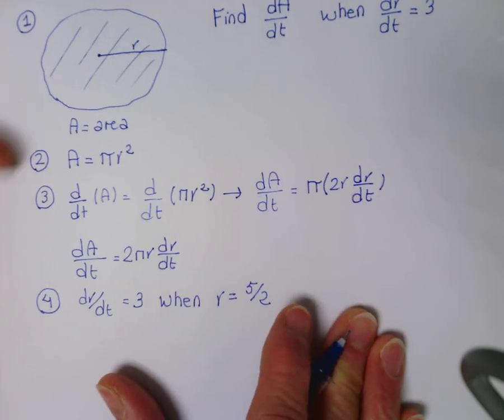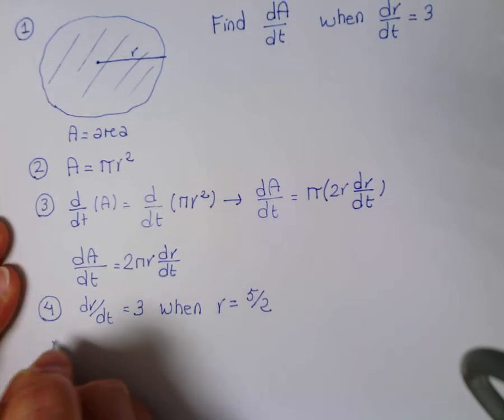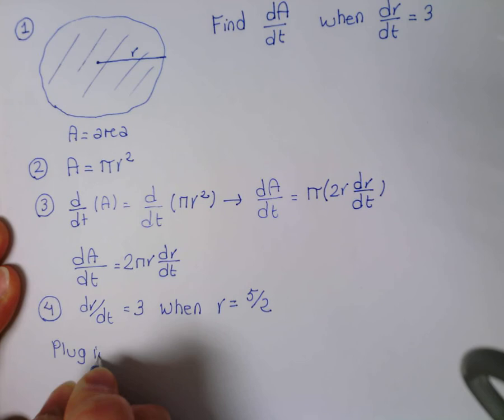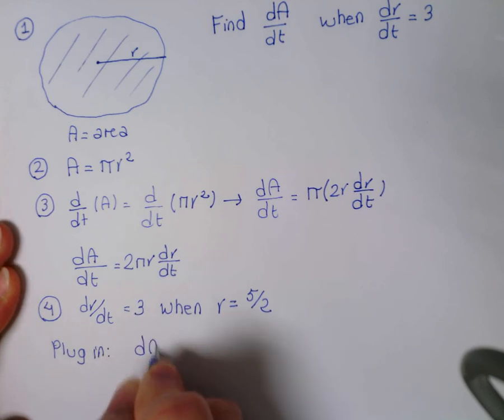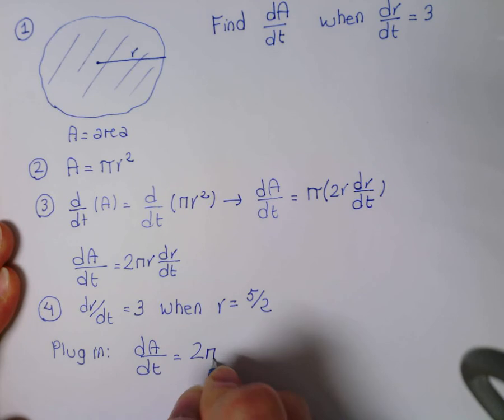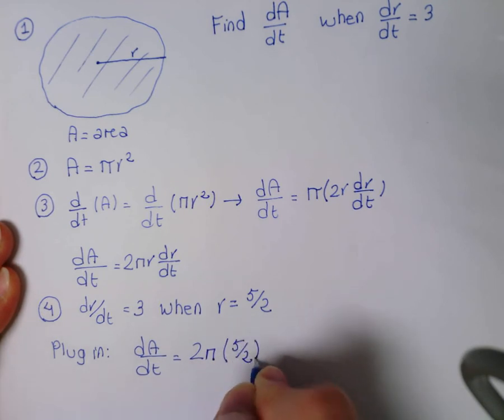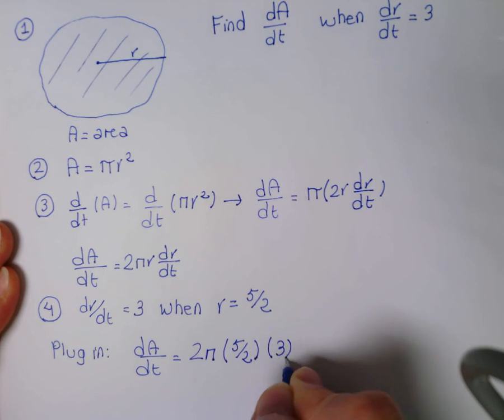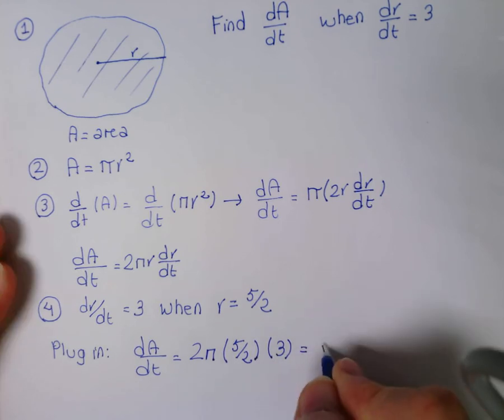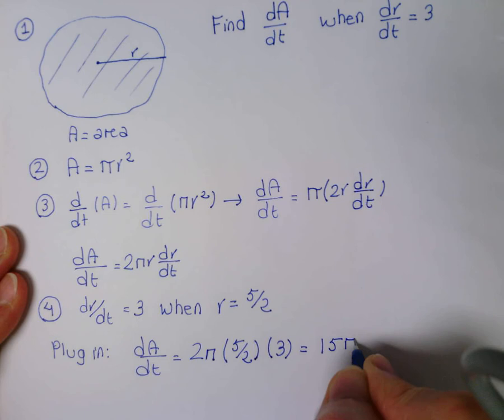Okay? And so then we just plug in. And dA/dt is 2 pi r, which is 5/2, times dr/dt, which is 3. So it is 15 pi.